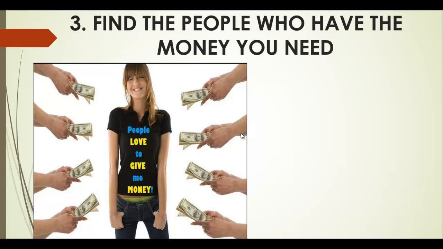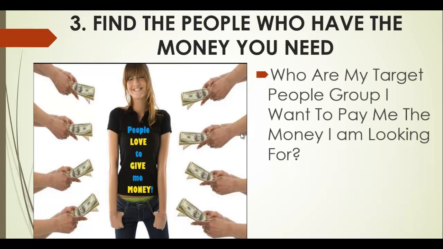Whether it's $1, $2, $5, $10, $20, $50, $100, or $1,000, where are they? So who is my target people group that I want to pay me the money I am looking for? Who are they? Are they online? Are they offline? Are they your age mates? What is their demographics? What kind of people are you looking for?